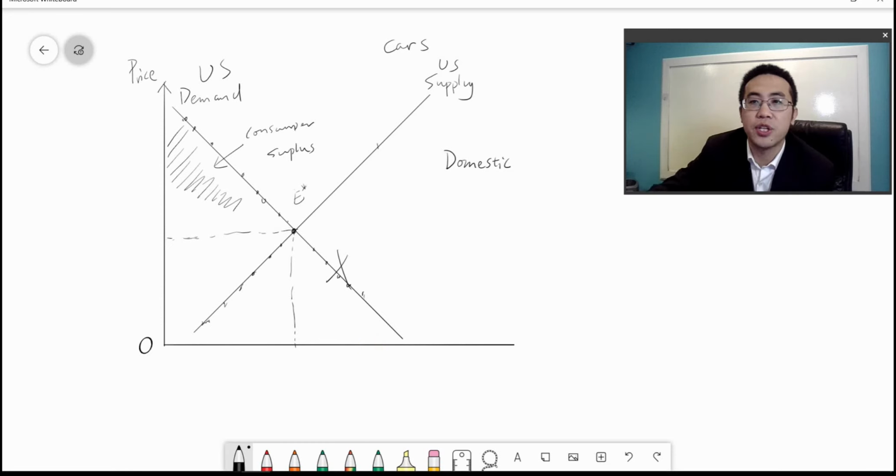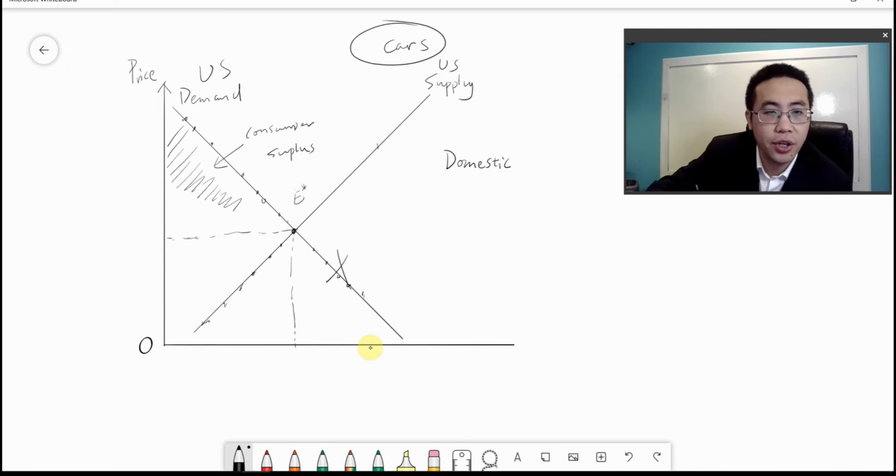Their drilling cost is much higher than those countries, so when the price is low, it's very tough for them. But back to our car market, when the price is at the market level, many producers will not be in the market anymore, because the price is too low for them to sell.